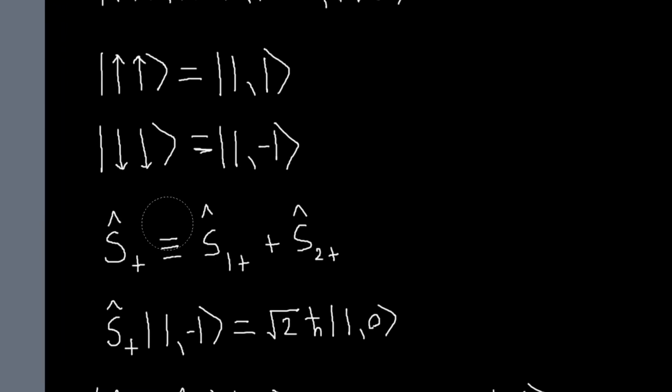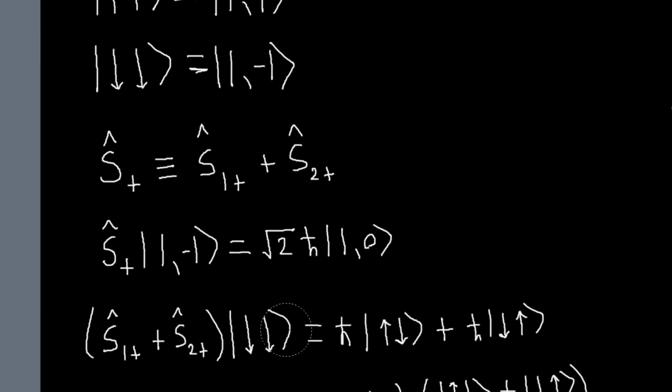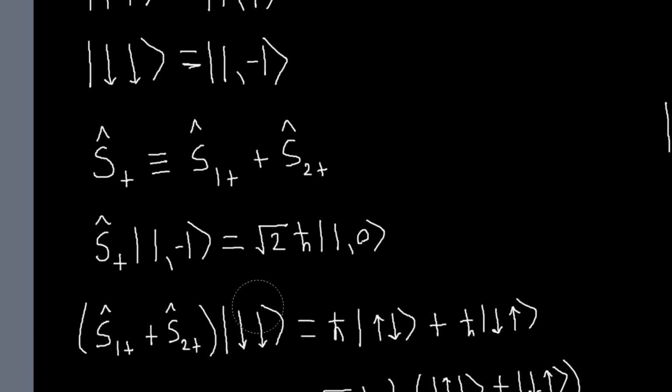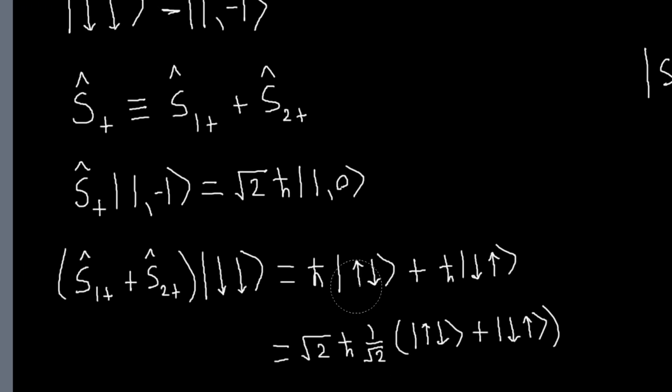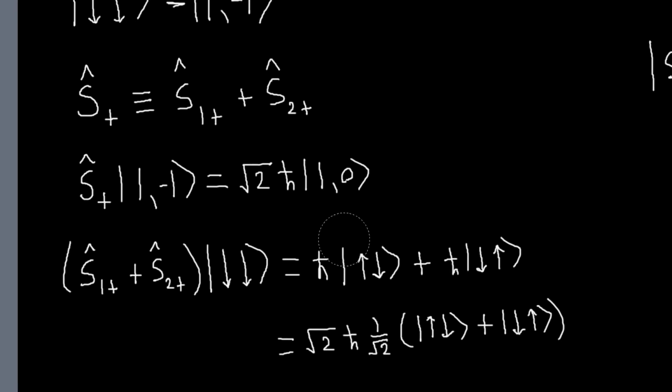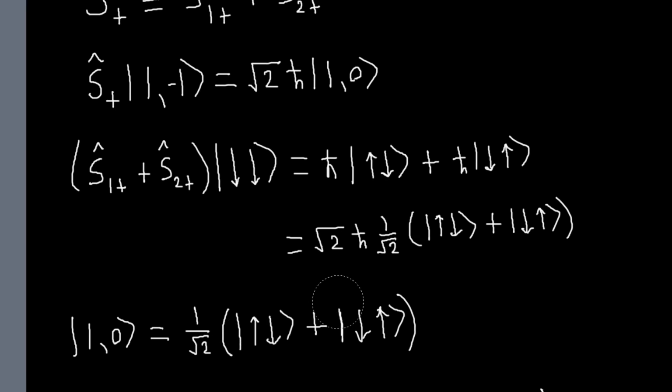We can work this out because S plus is just this, and my 1,-1 state is just my down, down state. S1 plus will flip the first arrow from down to up, and then S2 plus will flip the second arrow up, and I'll get an h bar because these are the spin 1/2 raising operators. If I factor out this h bar and multiply and divide by square root of 2, I can read off that my 1,0 state is 1 over square root of 2 times my up, down plus down, up state.